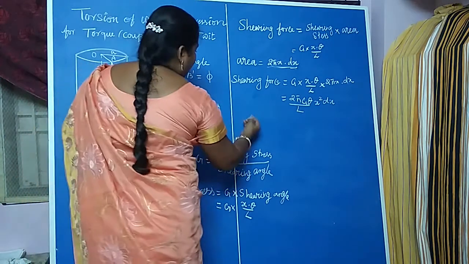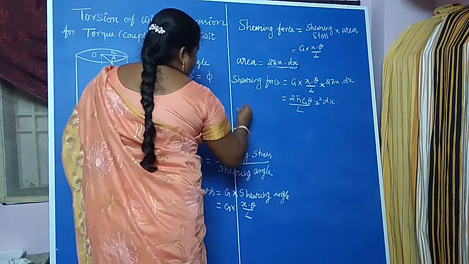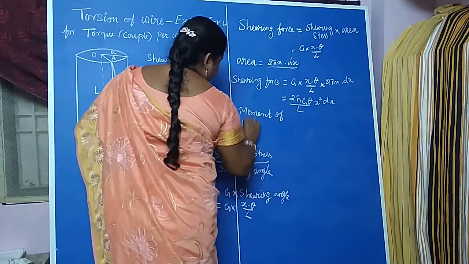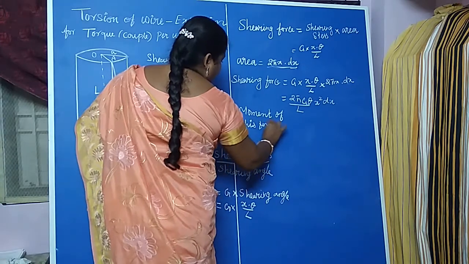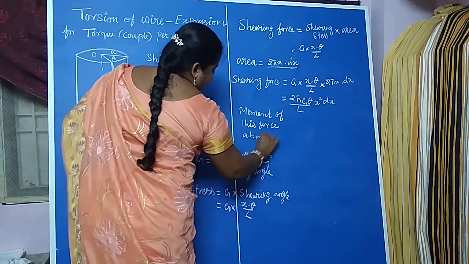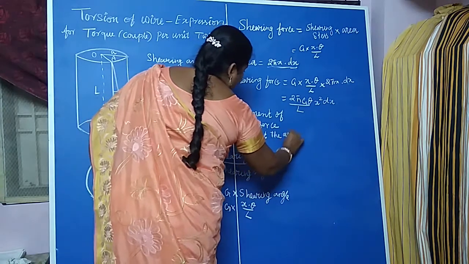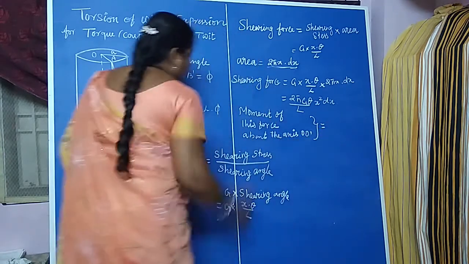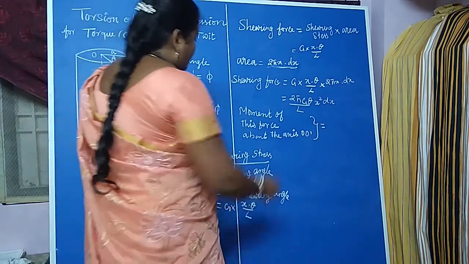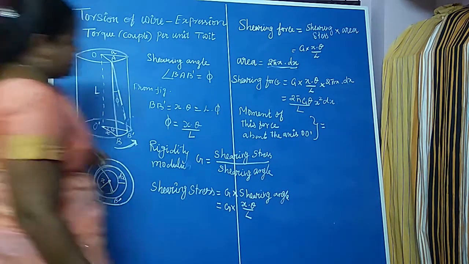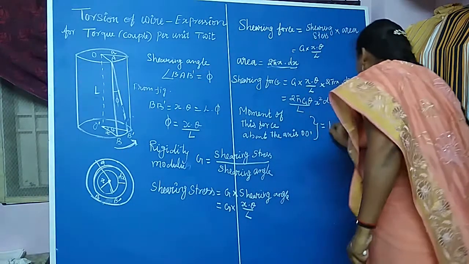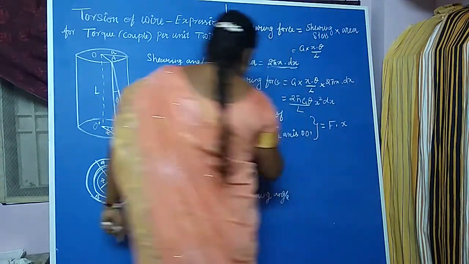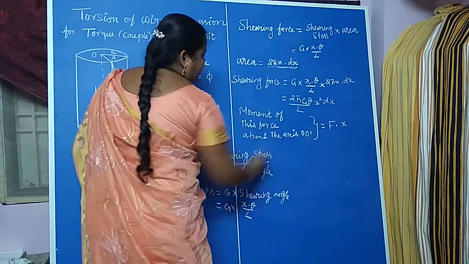Now let us calculate the moment of this force about the axis O dash. Force into distance will give the moment of this force about the axis.